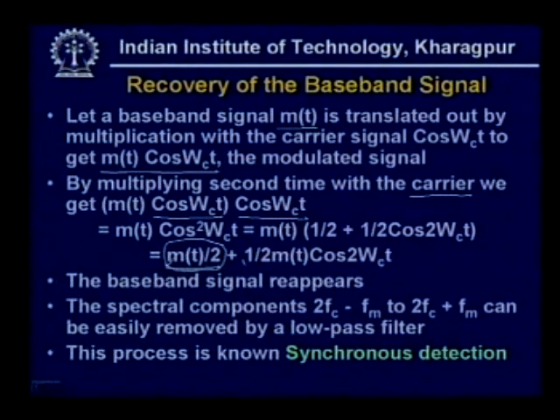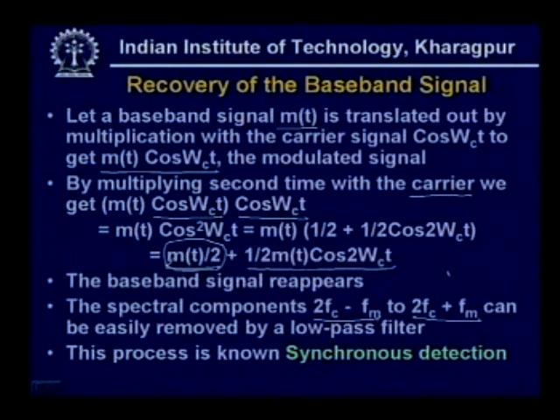However, not only has the baseband signal reappeared, you have two other frequency components, 2fc minus fm and 2fc plus fm. If you expand this half m(t) cos 2ωct, you will get two frequency components. These are 2fc minus fm and 2fc plus fm.